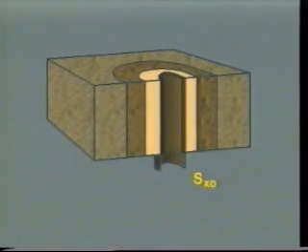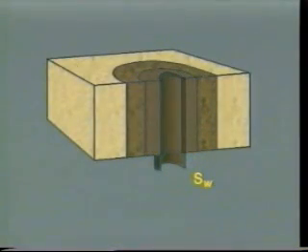S sub XO represents the water saturation of the invaded zone, and S sub W is the symbol of water saturation in the uninvaded zone.